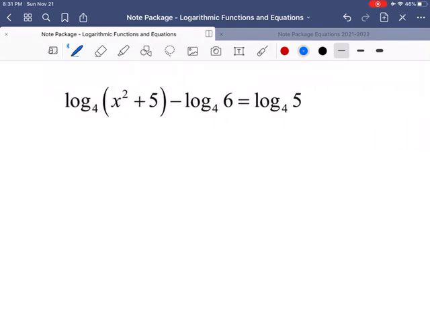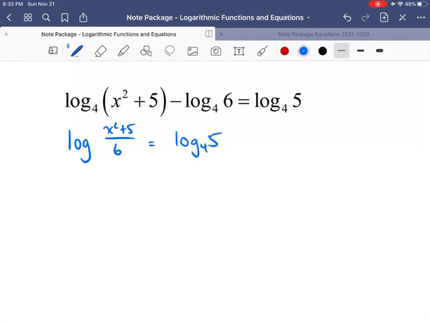Here's another one. Note that these are all base 4, so it should work out okay for us here. The first part is the quotient rule, so we are going to divide: log base 4 of (x squared plus 5) divided by 6 is equal to log base 4 of 5.